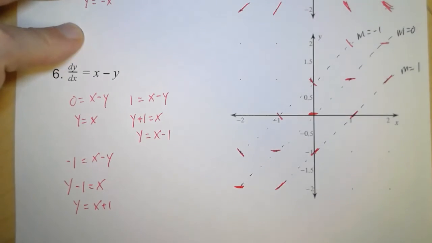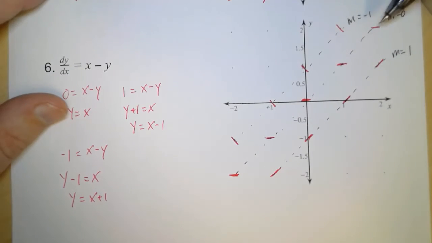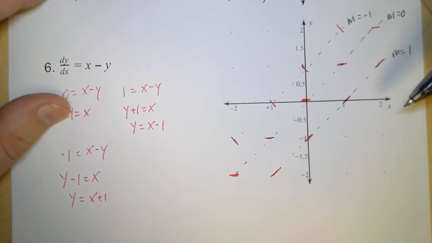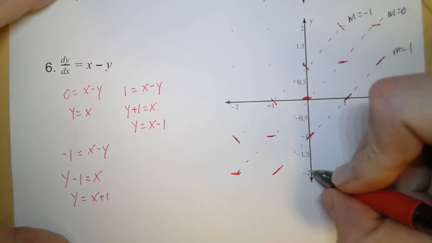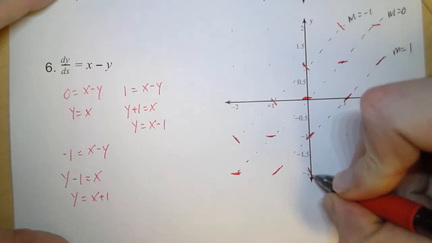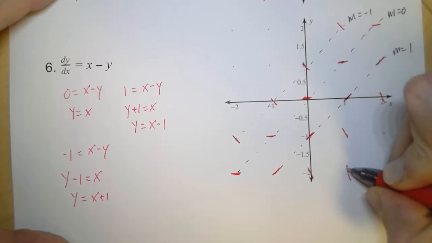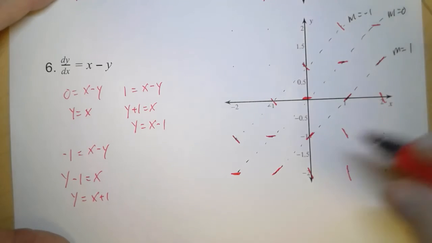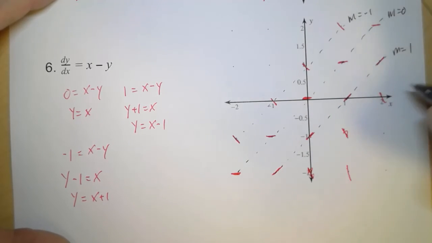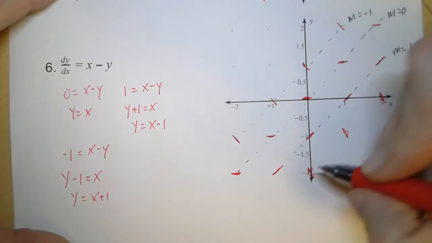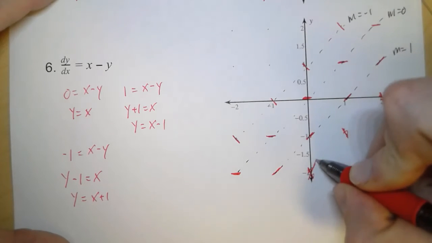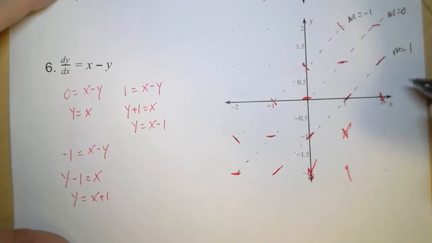Now, at this point I can start to see a pattern here. If I just move it to x minus 2, that means I'm going to have slope of negative 2. Negative 2, negative 2, negative 2, like that. This is going to be negative 3. Whoops, I did that backwards, didn't I? Those numbers should have been up there. I should have a positive slope here. Positive 2 and positive 2.